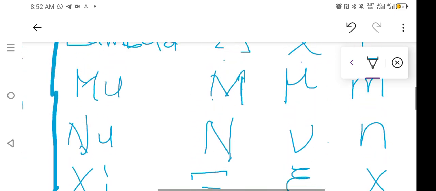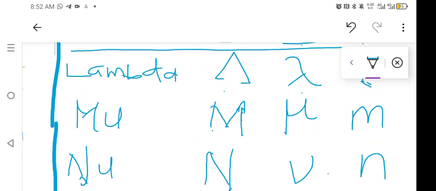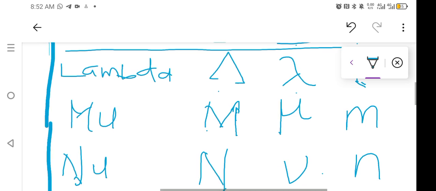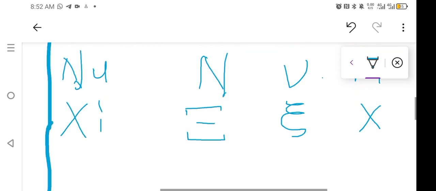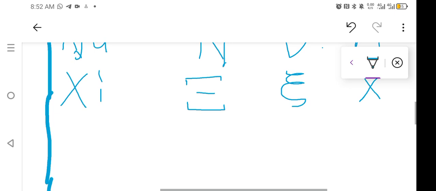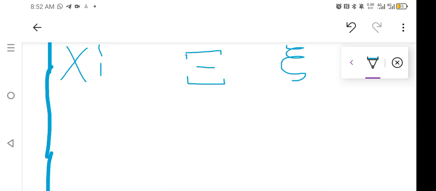So far we have covered lambda, mu, nu, xi, like ts. Think of the ts, the X sound needs to come. And the next letter, which is very easy, is Omicron.